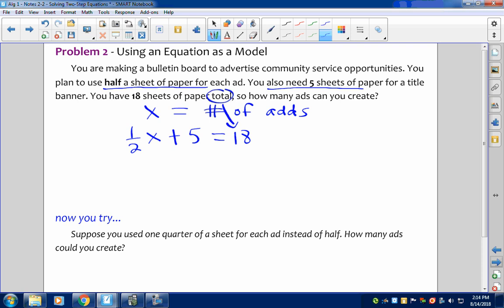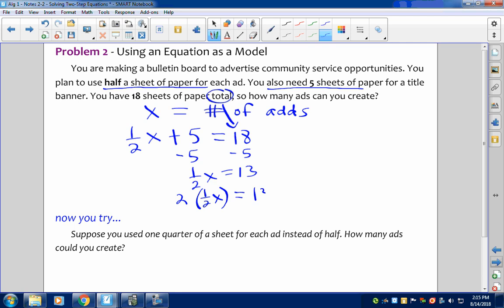The first step would be subtract 5 from each side. So I have 1/2 x equals 13. And then the final step would be take the 1/2 x, put parentheses around it, multiply it by 2.